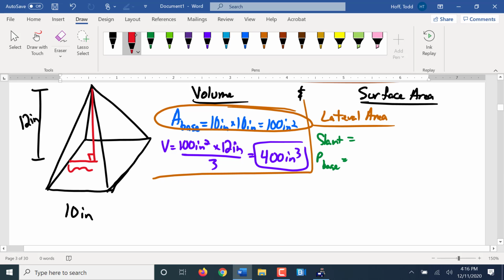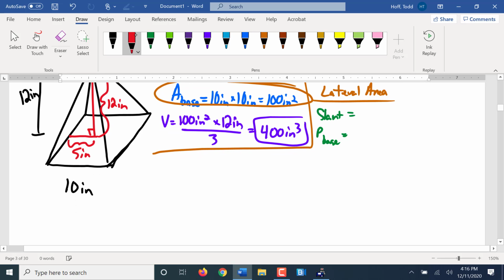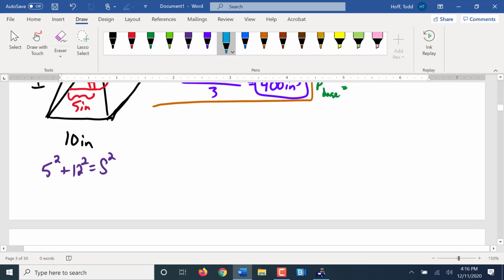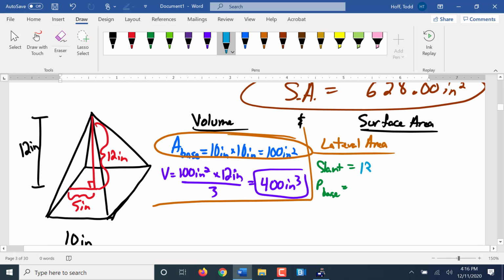What's this dimension? 5, and this one is 12. And so how do we use that to find the slant? 5 squared plus 12 squared equals slant squared, and the slant comes out to be, what is it? 13 is perfect. So the slant is 13 inches.